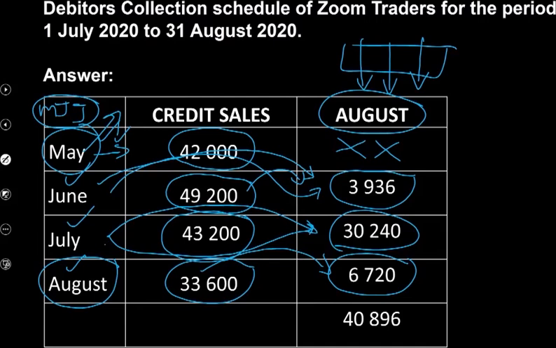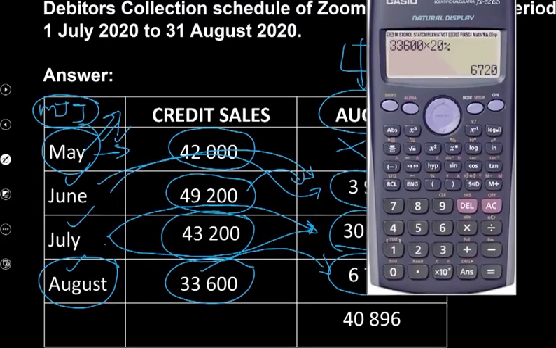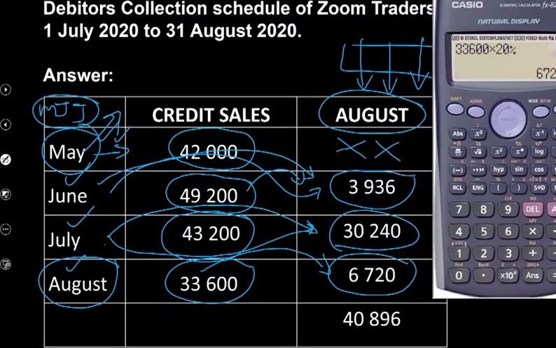All that we do now is we take our figures here. And what do we have? Let's take our components. It's the 3,936, which was for the month of June, plus your 30,240, which is for the month of July, plus your 6,720 for the month of August, and that gave you a figure of 40,896.